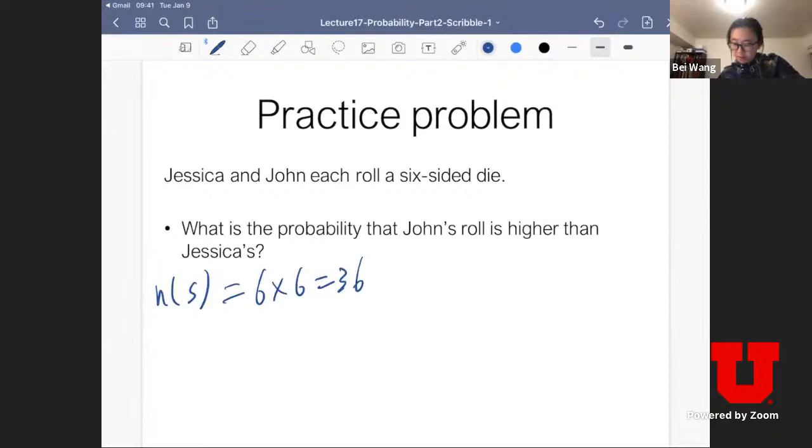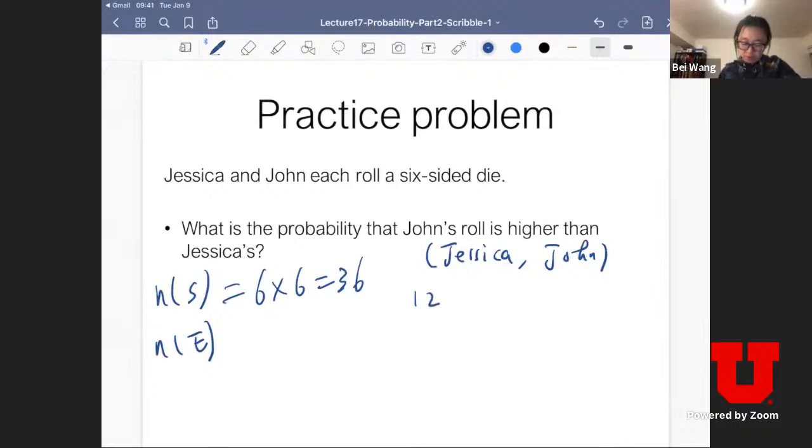Now the event is where John's number is higher than Jessica's. Let's say Jessica is first and John is second. What are the cases where John has a higher number? I can enumerate them.